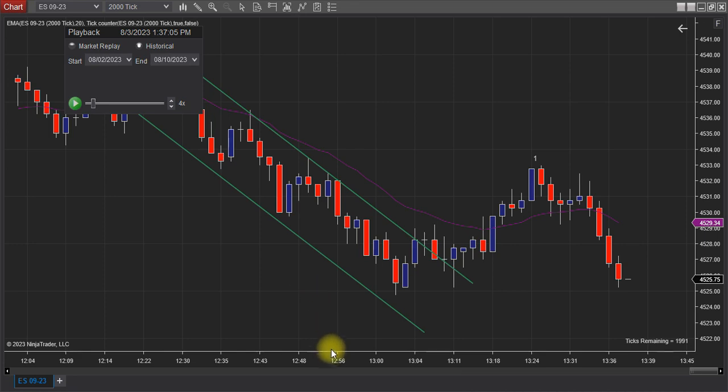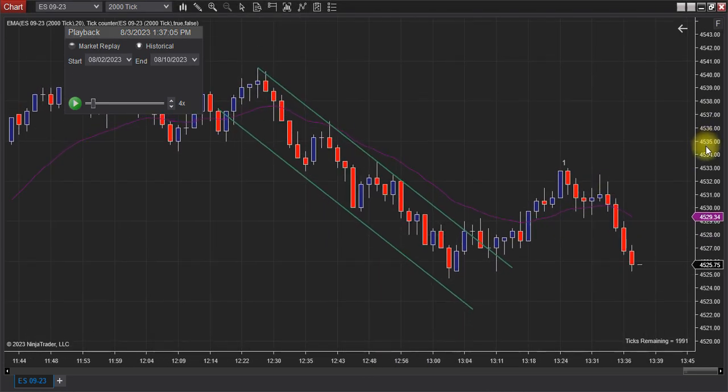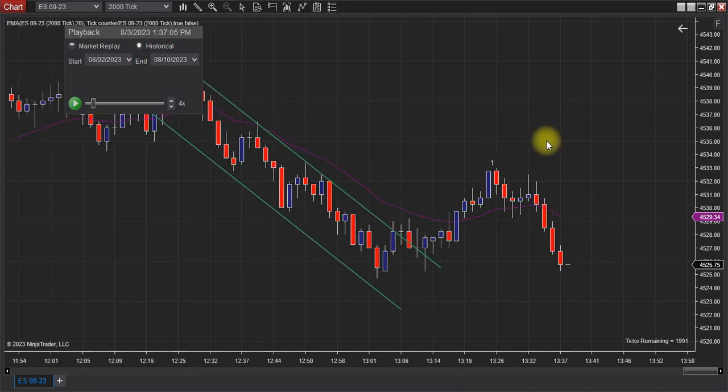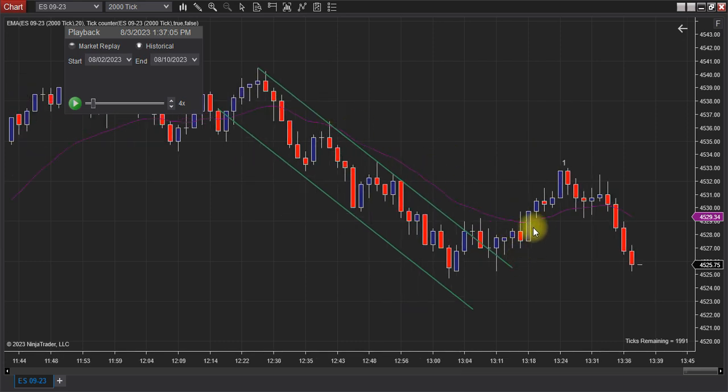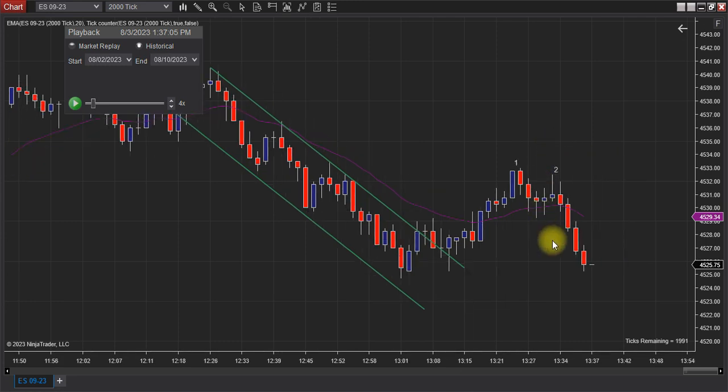I mean, I don't suggest you just blindly take second entries, but sometimes it does really actually feel that easy. Sometimes it is, and sometimes it's not. Anyway, channel fade, first entry short, pullback, lower high, second entry short, yields a pretty good profit target. How many points did we make again? Let's see here.